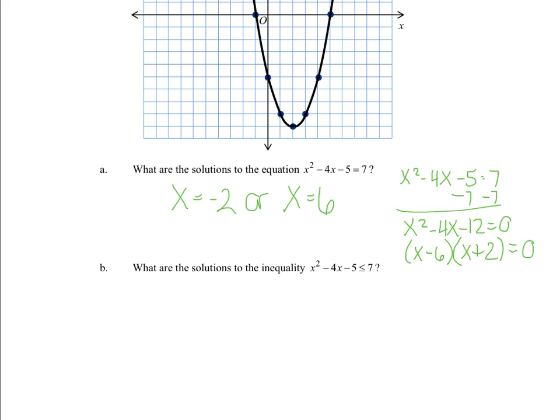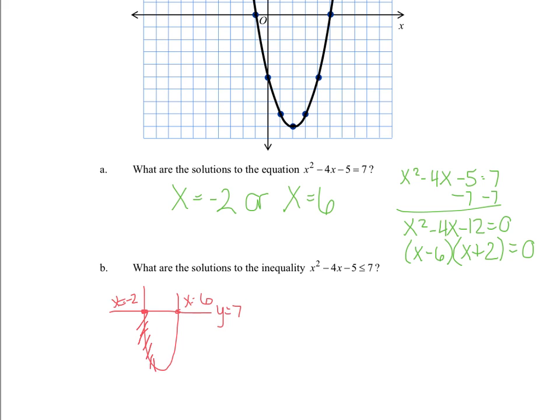Next, part B says, what are the solutions to the inequality x squared minus 4x minus 5 is less than or equal to 7? So we had this graph. Here was when y equaled 7, and we know that at x equals -2 and x equals 6, the graph equaled 7. We want to know when does it give us a y value that's less than or equal to 7?